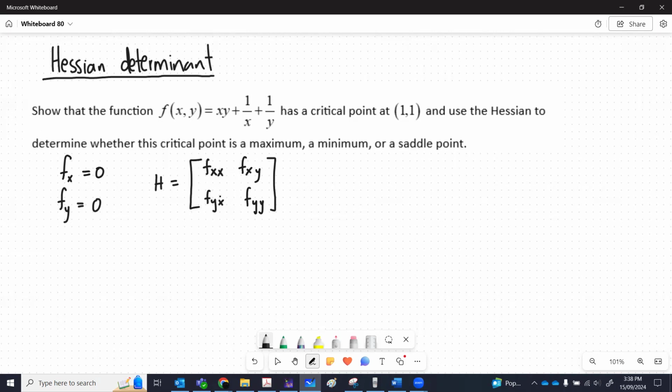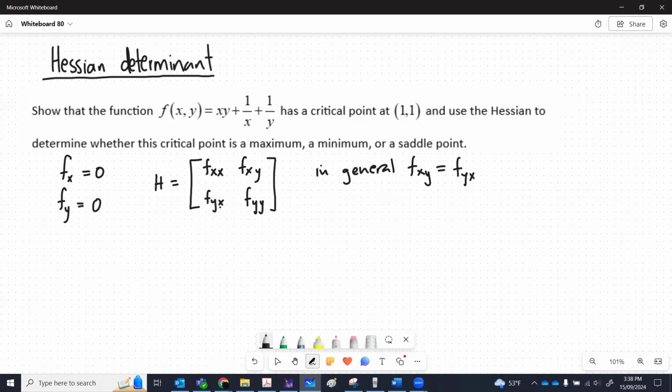And I hope you remember that these two in general are the same. So in general, fxy is equal to fyx. So that is why a lot of times you will see in our Hessian matrix, instead of having fyx, we just have fxy because they are equal.